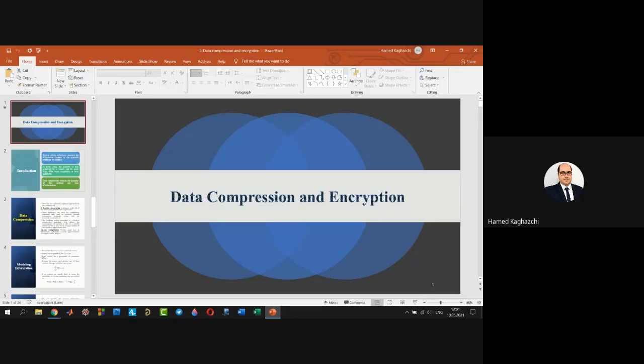So today we want to learn how we can compress the data and also encrypt it.